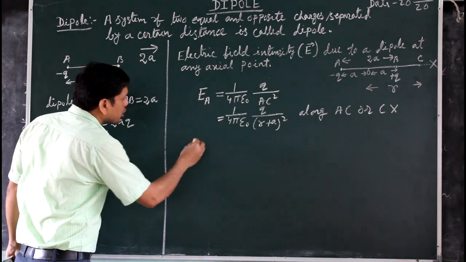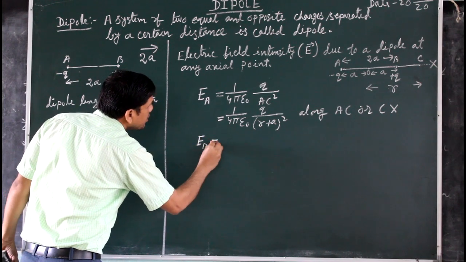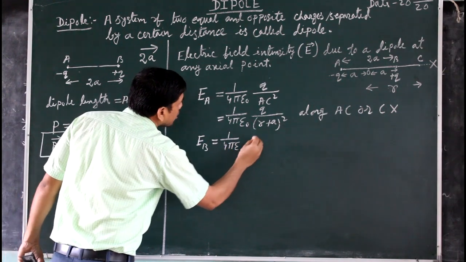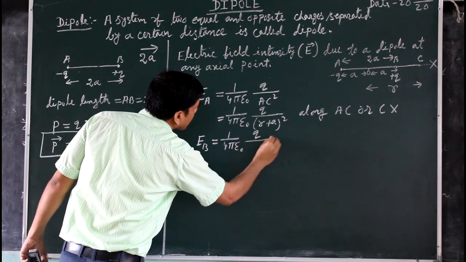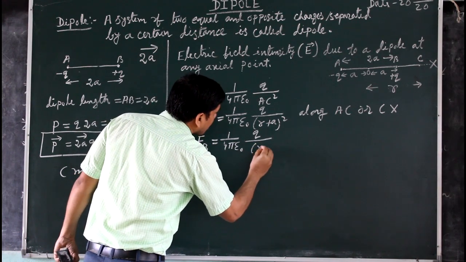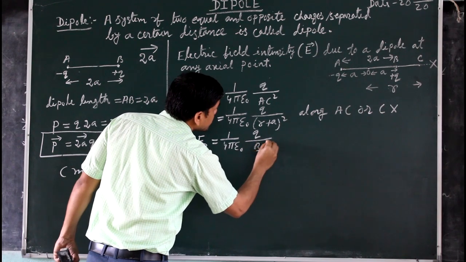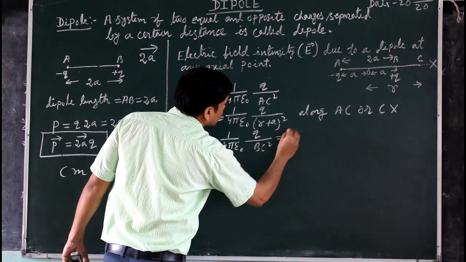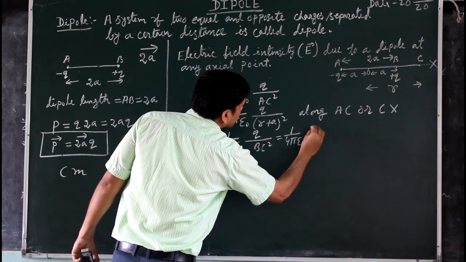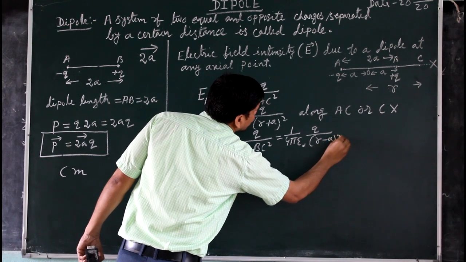So if it is denoted by EB, then EB equal to 1 by 4 pi epsilon naught q by, first write, BC square. This is equal to 1 by 4 pi epsilon naught q by r minus a whole square.